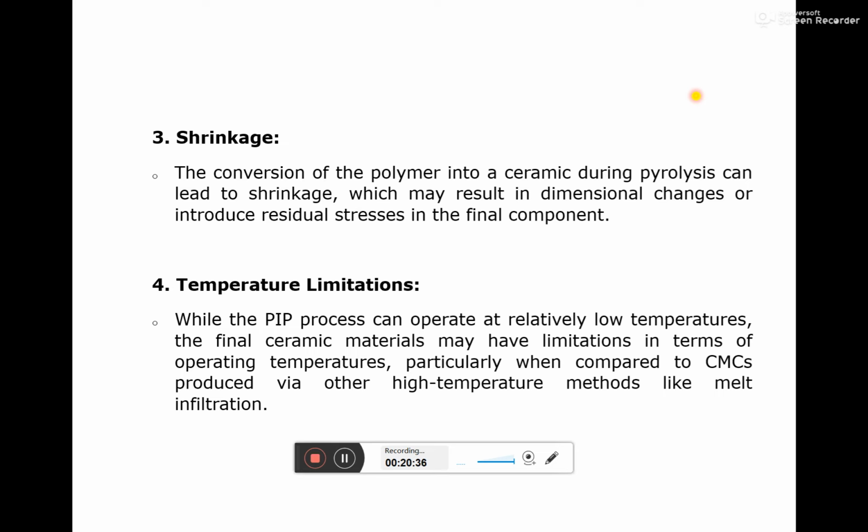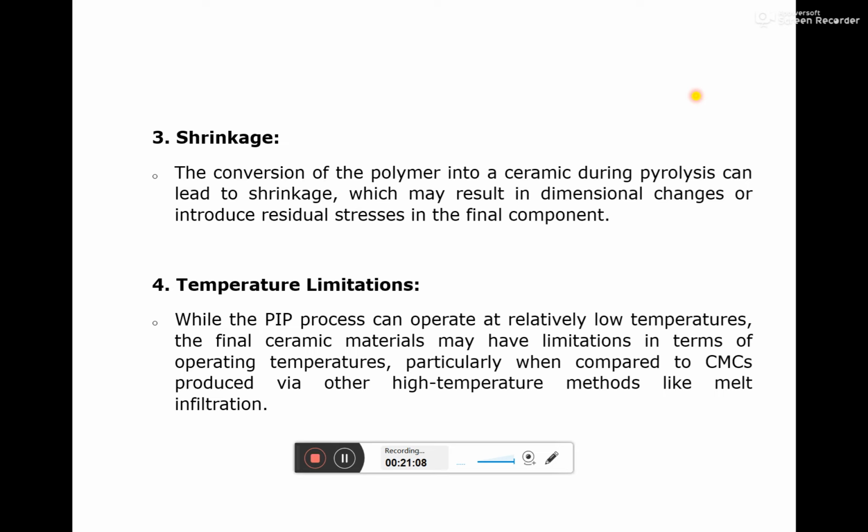So that's it, my dear students. Today I explained about the polymer infiltration and pyrolysis process. Mainly, in this process, first we produce a fiber preform, and over that we infiltrate polymer precursors, and after that we perform the pyrolysis process.